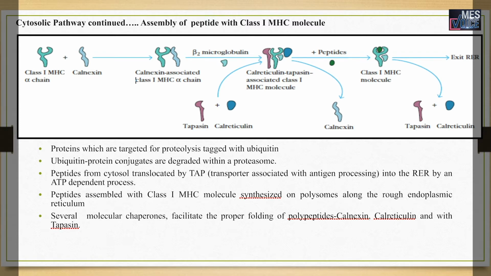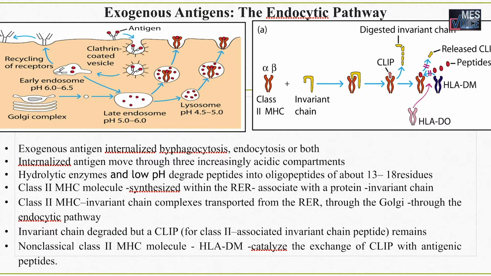And now the MHC molecule has the antigenic peptide in its antigen binding cleft, and through the Golgi complex it will be transported to the cell membrane and displayed on the surface of the cell membrane. Now, let us see the second pathway, that is processing of exogenous antigens, by the endocytic pathway.